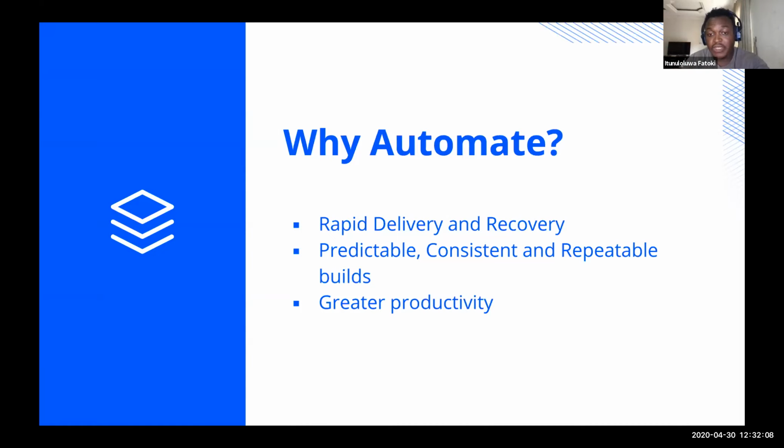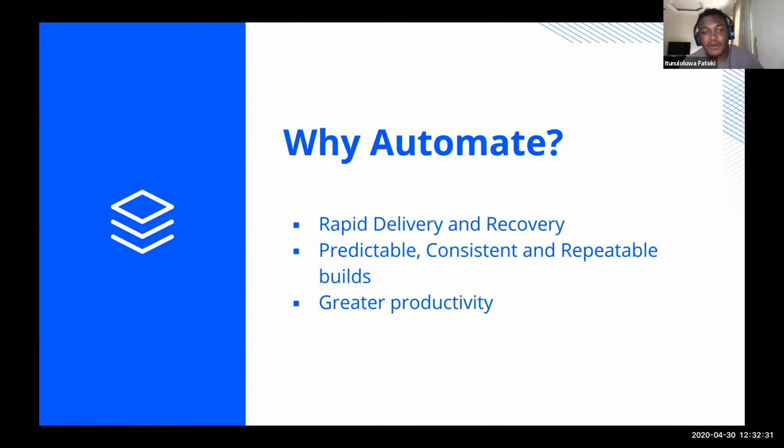Secondly, we'll talk about predictability, consistency, and repeatable builds. That's another very key thing. You don't want a case whereby today you deploy an update and you try to deploy the same update the next day following maybe spreadsheets or whatever it is that was used back in the days, and you end up having some sort of errors that you just didn't anticipate.